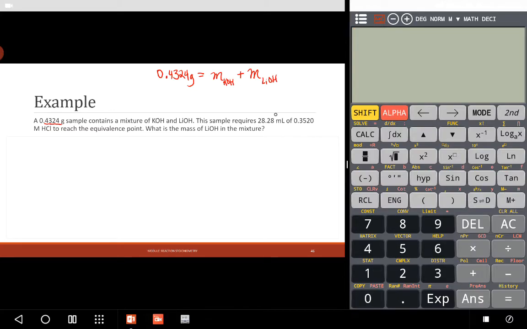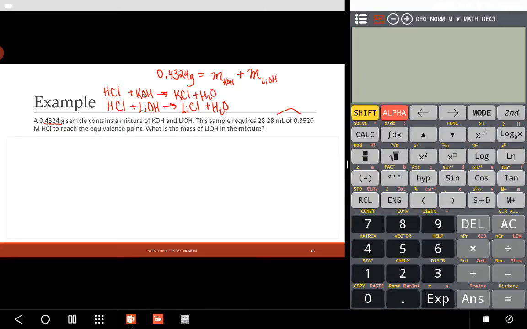And then we can use this number to calculate our moles of HCl from that. HCl will react with lithium hydroxide in an acid-base neutralization reaction to form lithium chloride and water. HCl also reacts with potassium hydroxide to produce potassium chloride and H2O.